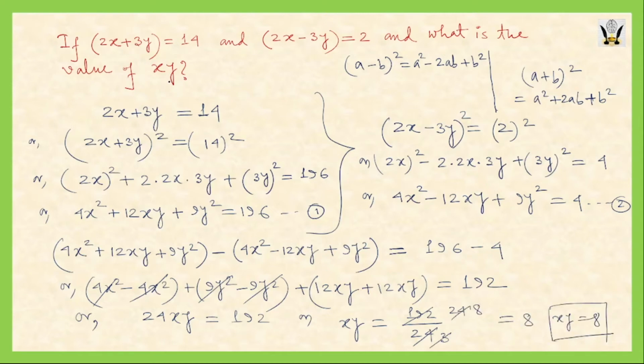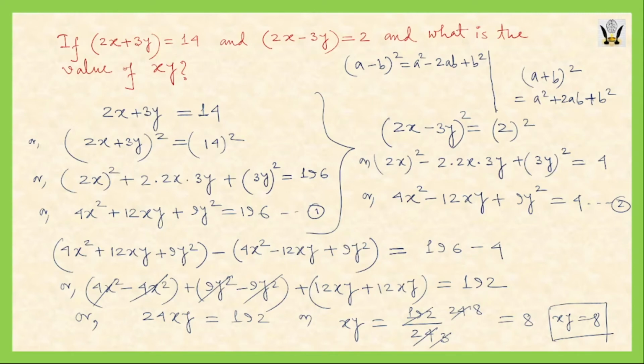Now suppose we wanted to find the value of x square plus y square, where the coefficients may be different, but in that expression we have the x square and y square terms, and we want xy to vanish from that expression. Then what we will do is add them, as we have subtracted after taking the square values.